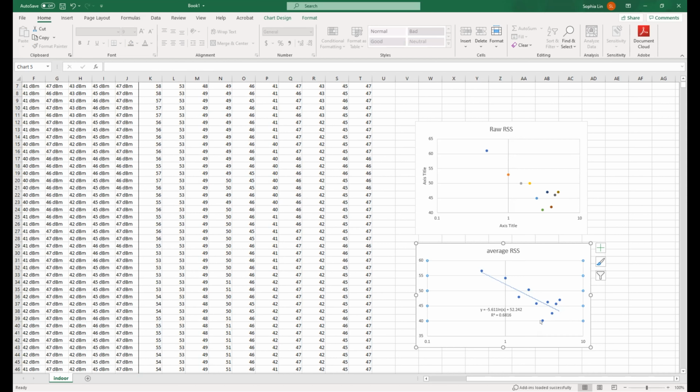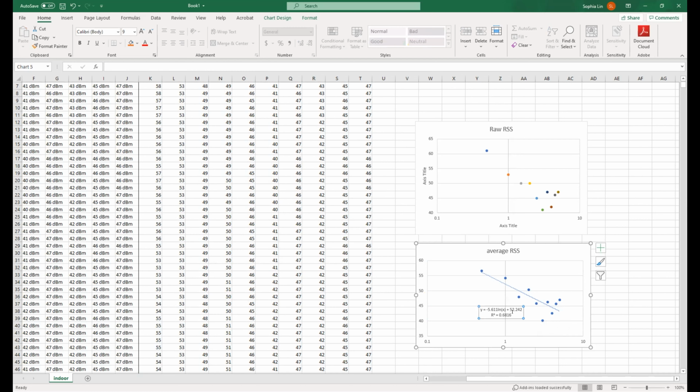The RSS value 41. Yeah, maybe you should consider that one an outlier. Maybe I'm just suggesting, but not 100% right. Would the last point also be an outlier? So you can just explain which point you considered an outlier and why.